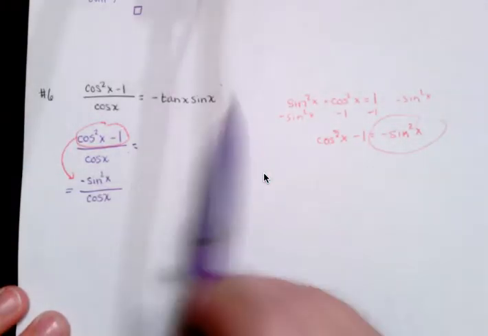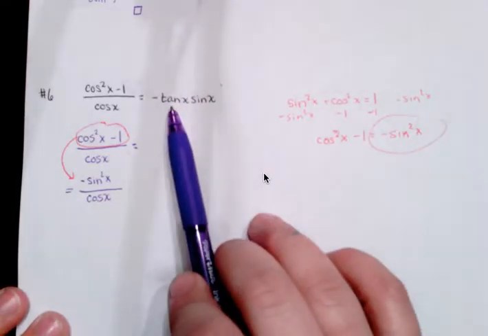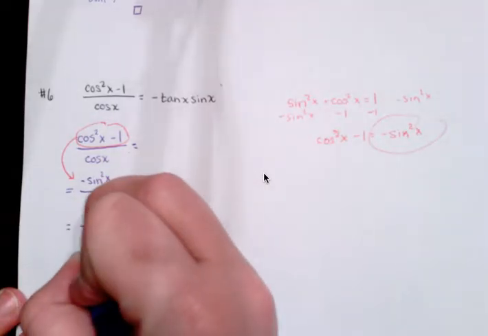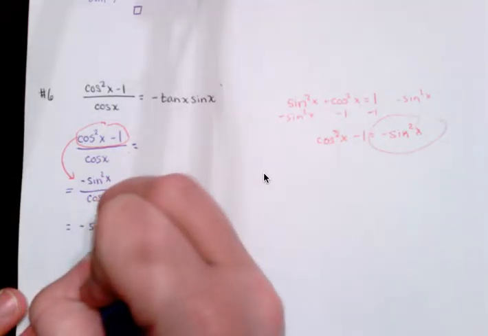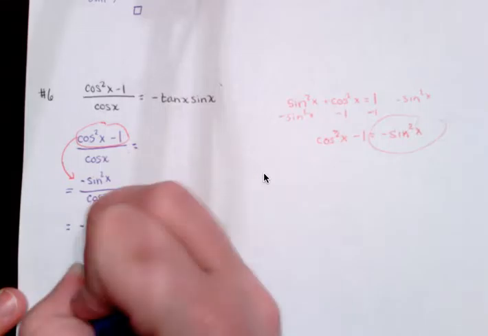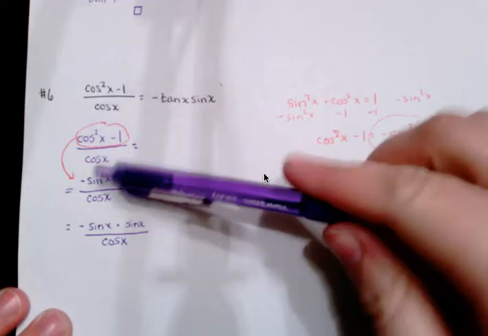Again, I know I want to get to this step. So I know I'm going to want a sine of x. And I know tangent is sine over cosine. So if I look at this, what I can do is split this up as negative sine of x times sine of x all over cosine of x. So I just split up the sine squared to show anything squared is itself, something times itself.